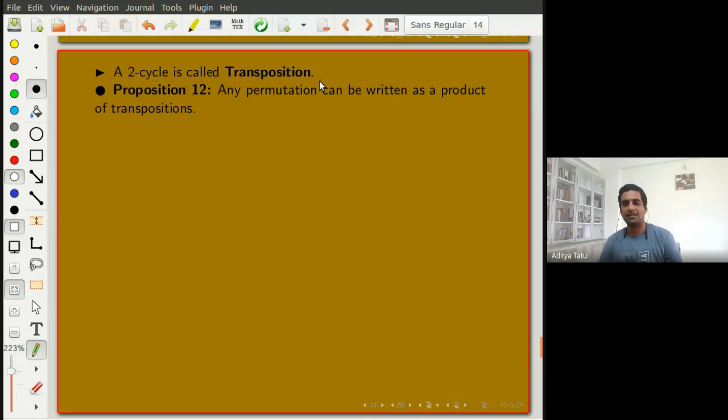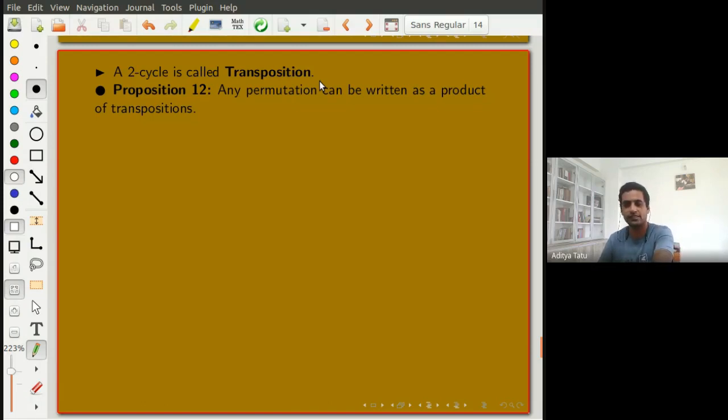In some sense, this tells us that every permutation can be seen as a series of exchanges of 2 elements. Any permutation you give me, I can obtain by just exchanging 2 elements at a time. That is what this proposition means. How do I prove this?